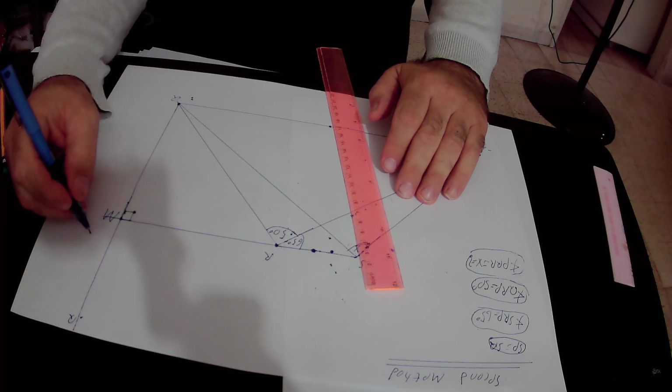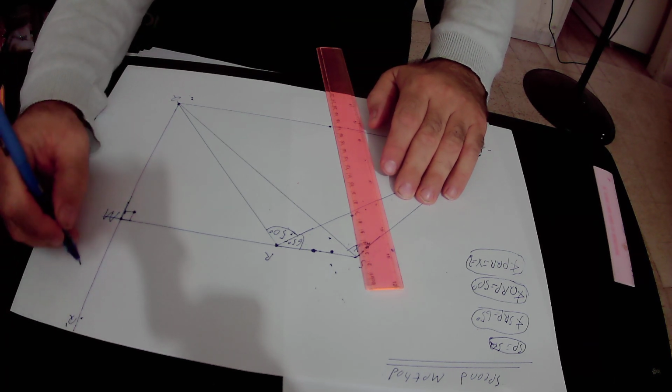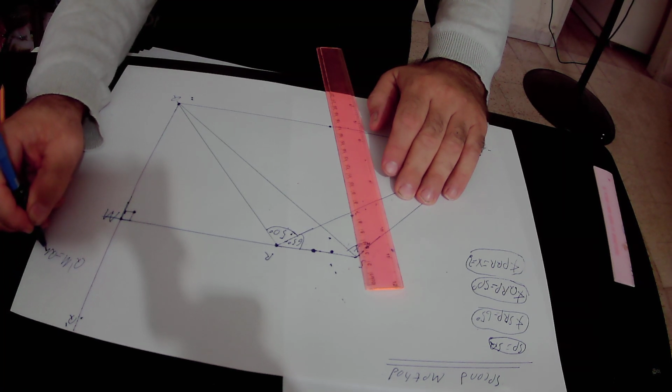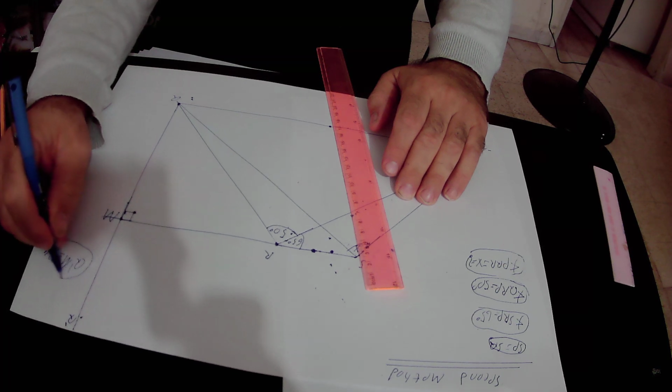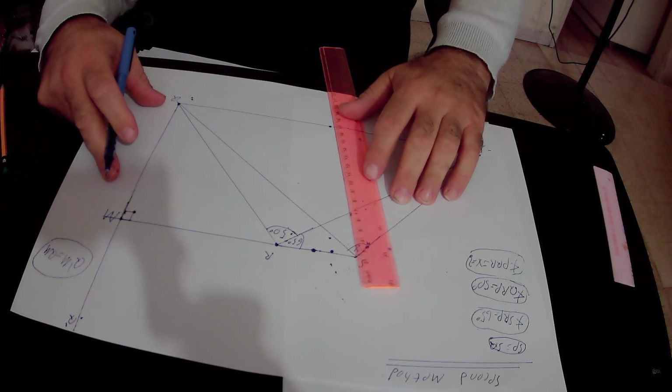Again, this Q dash M will be equal to QM according to our construction.